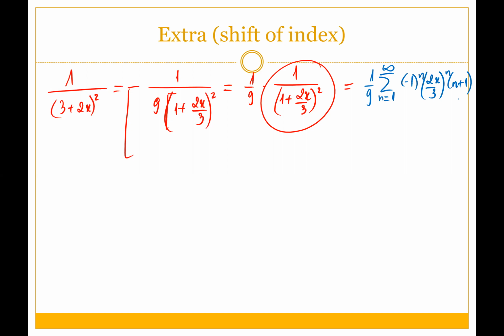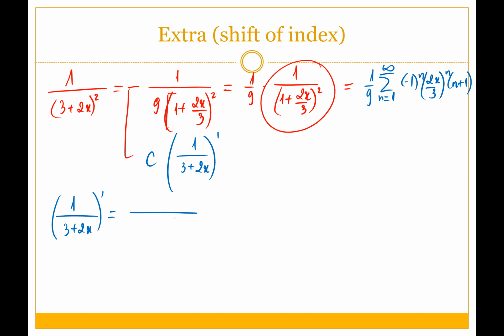But there's another way to do it, where you go from the derivative of 1 over 3 plus 2x. When you take the derivative of 3 plus 2x, you have to multiply by a constant because of the chain rule, so this one is squared and you have 2, giving you negative 2 over that.